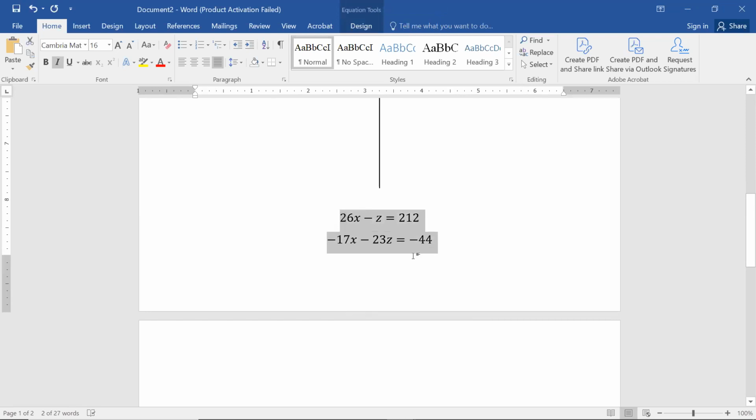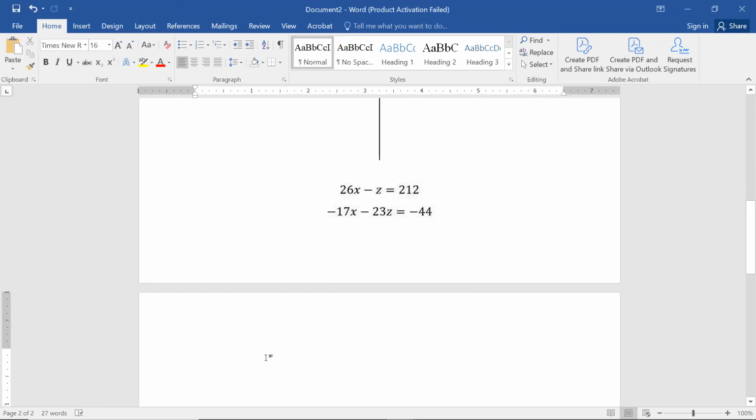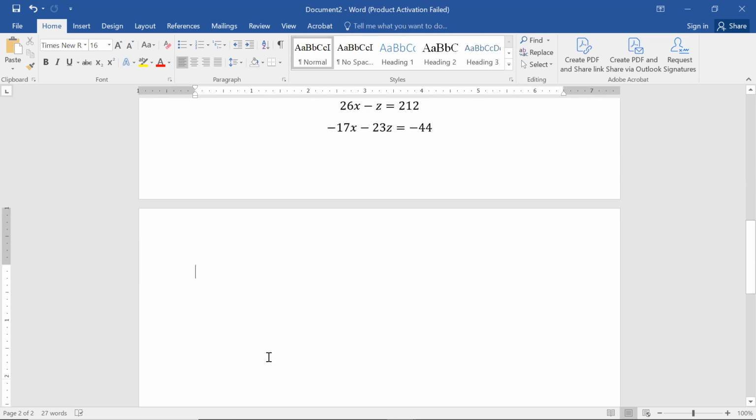My first xz equation, 26x minus z equals 212. My second xz equation, -17x minus 23z equals -44. Now let's eliminate a variable. I'll eliminate the z's.